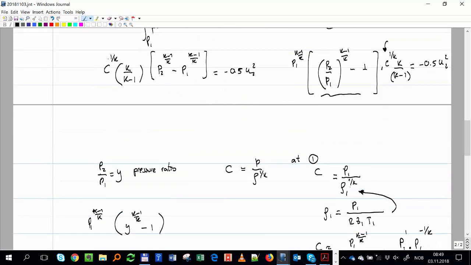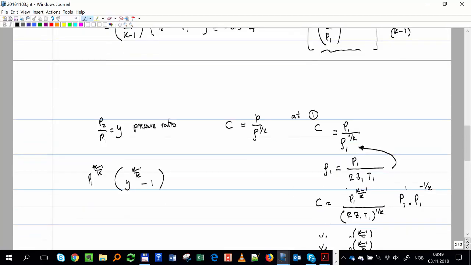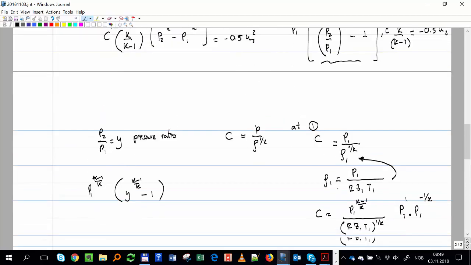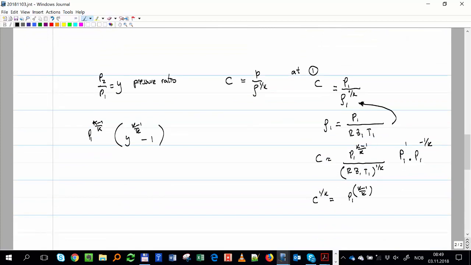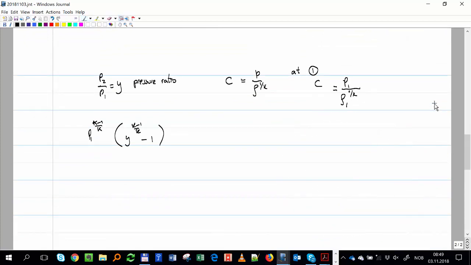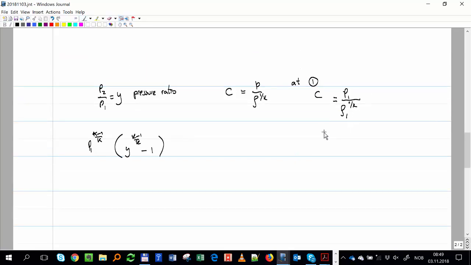Somehow last year I skipped this complexity. So yeah, let's use that. I think what I used in class last time was without replacing the equation of state. So let's see if we get something better like that.